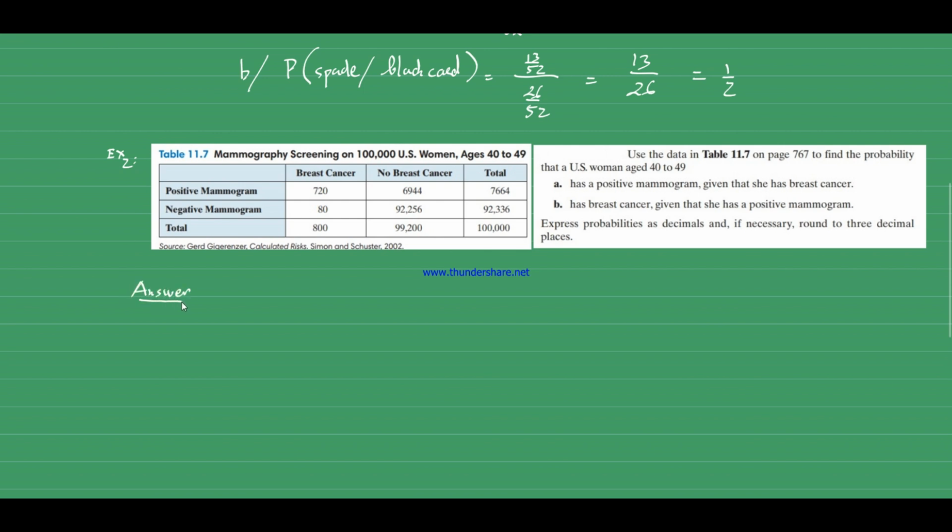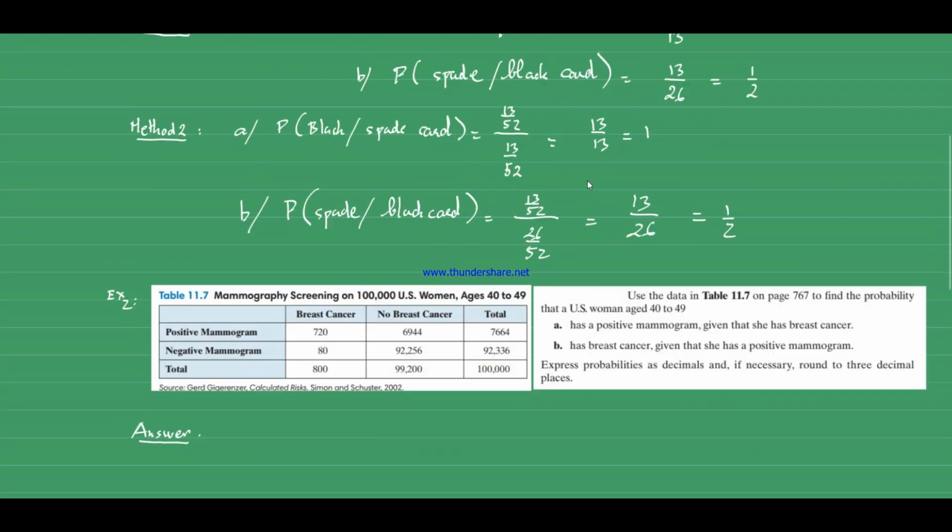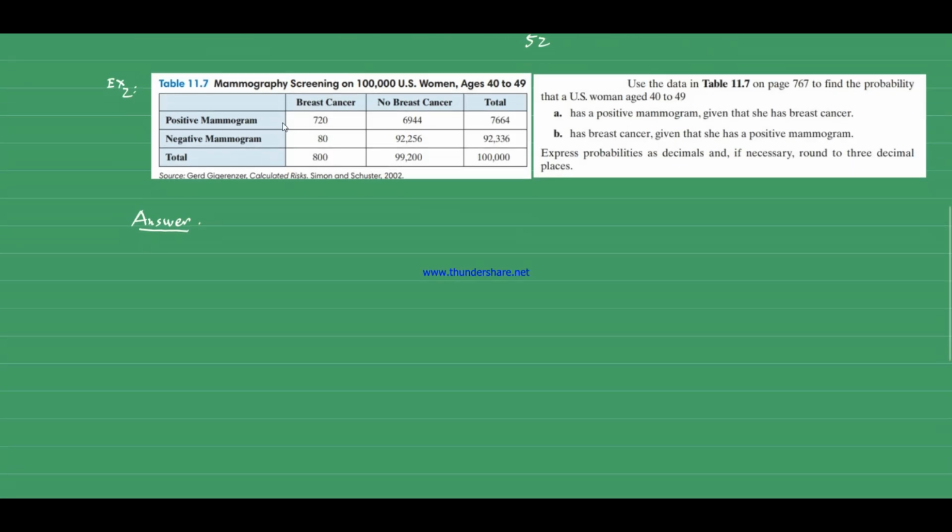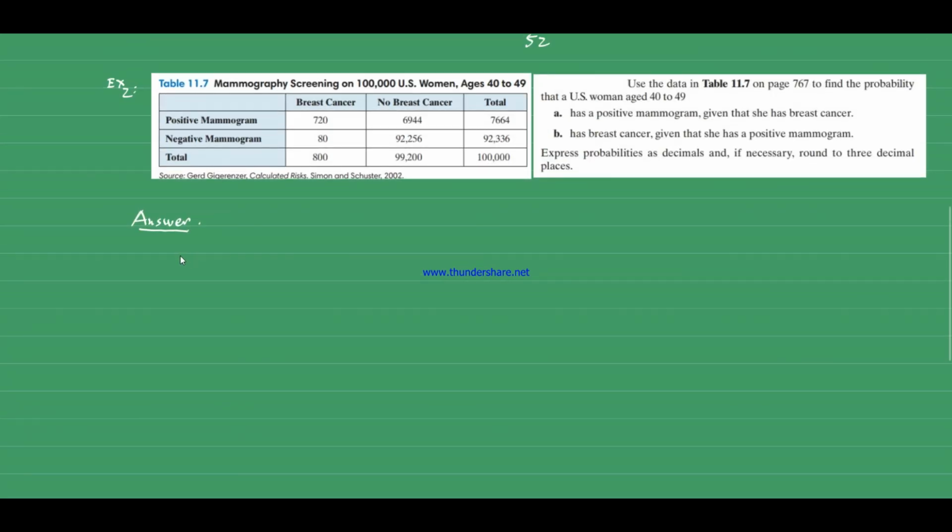In this example, I'm going to use the formula in our text, which is this one. So the probability of a positive mammogram given breast cancer, so the probability over here would be positive mammo given that breast cancer.